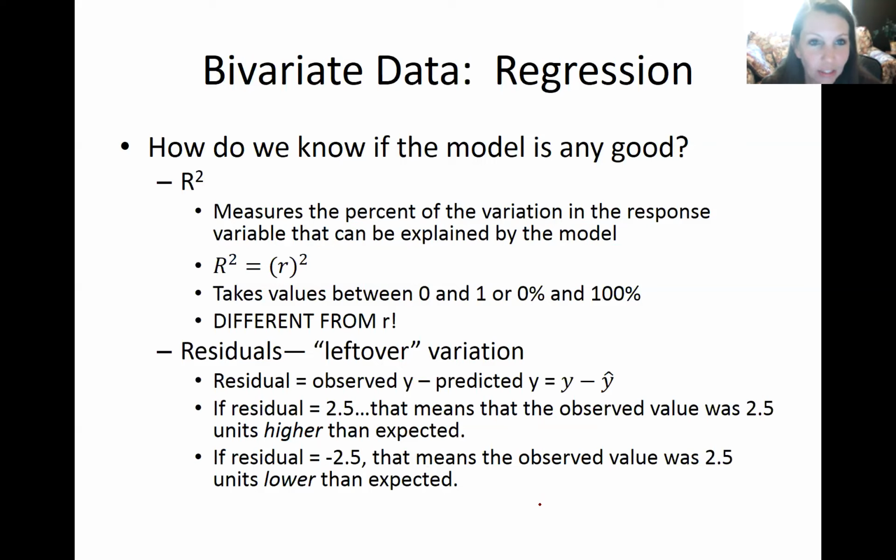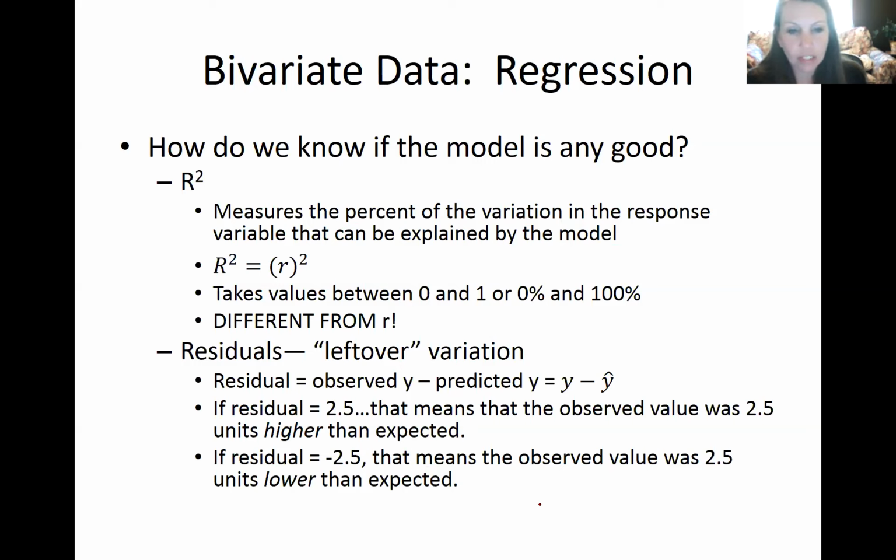All right, the other thing that we look at when we're trying to figure out if our model's good, and especially to check the requirements, is the residuals. The residuals are the leftover variation. You can calculate a residual for each of the values in your data set by taking the observed Y minus the predicted Y, so Y minus Y hat.